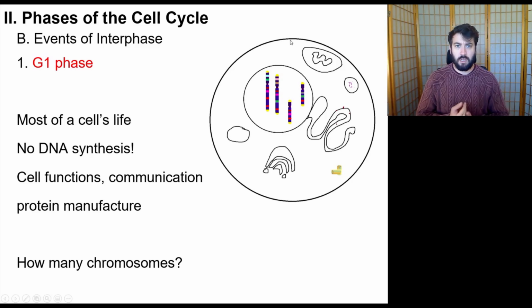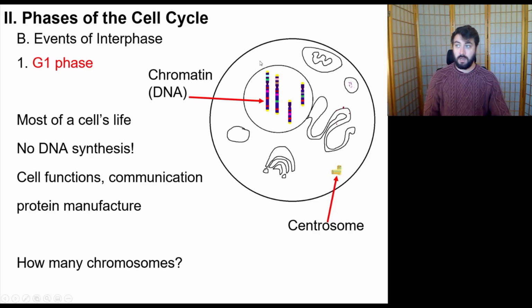Okay. Now, what do we call it when we have DNA and the proteins together? What is that structure called? Right, chromatin. Now, at the same point, we also have something called centrosomes, which we'll be using later on during mitosis or M phase. Okay.